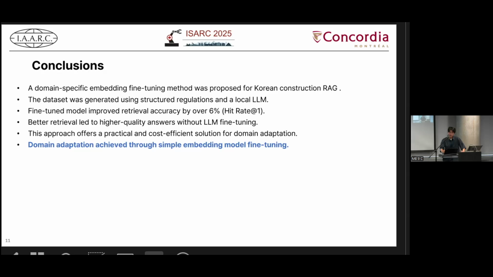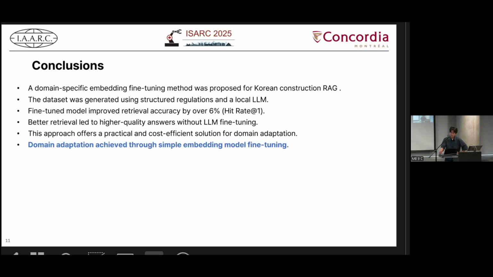The fine-tuned embedding model achieved over 6% higher hit rate at 1 compared to the commercial baseline, and also improved the final answer quality. These results demonstrate that enhancing retrieval quality through domain-adapted embeddings can effectively boost RAG performance without the need for heavy computational resources or LLM fine-tuning.